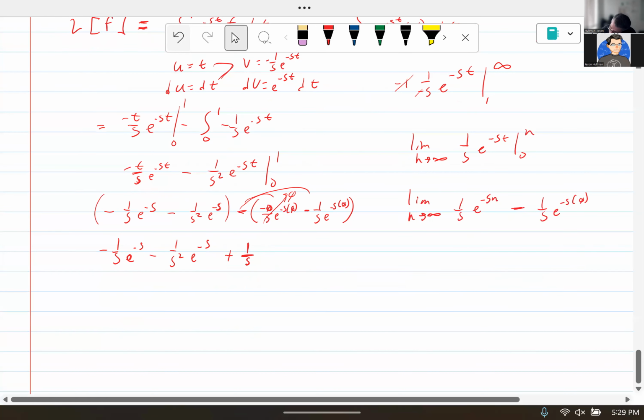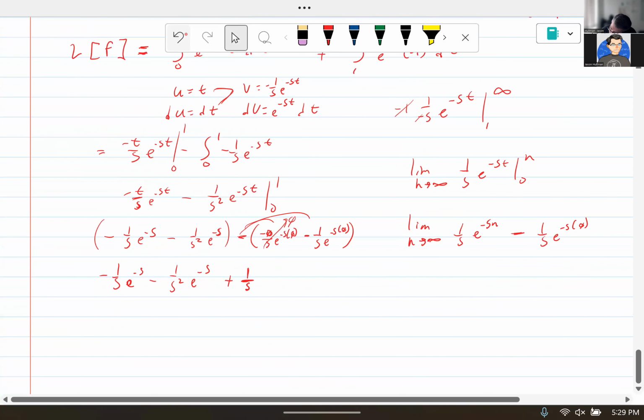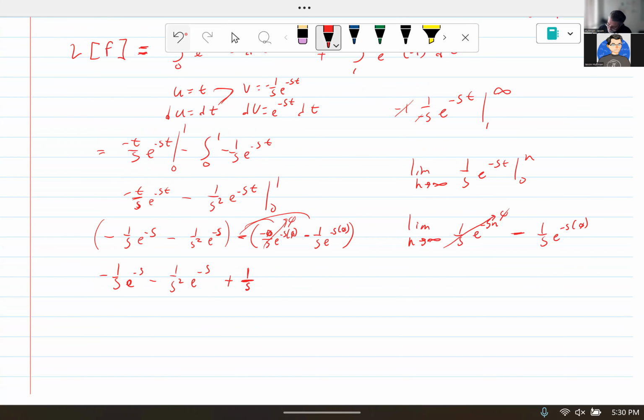And so this thing is going to go to 0. I could have written it like this, but you basically understand that this thing is going to go to 0 when I take the limit. Oh, you know what? This isn't 0, this is 1.